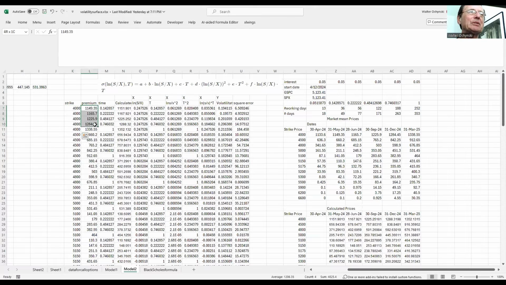I have to change this to a column as well, and I have to repeat this process for every strike price in order to have this in this form. It is additional work. So I say it is easier to do with the solver, but otherwise the results are the same.